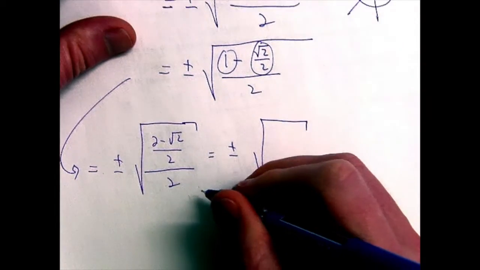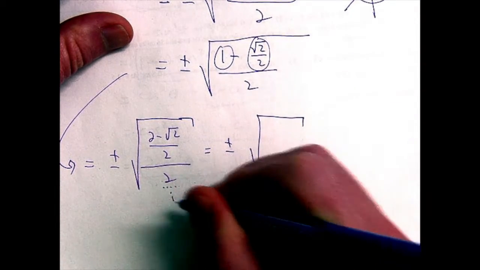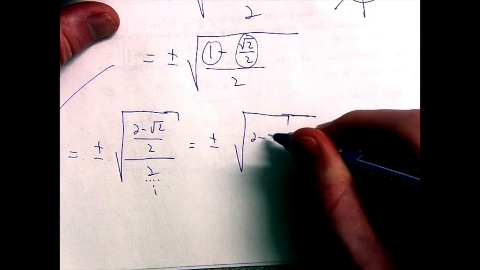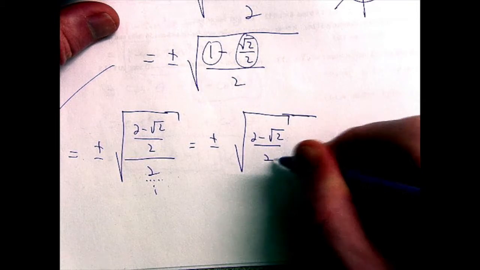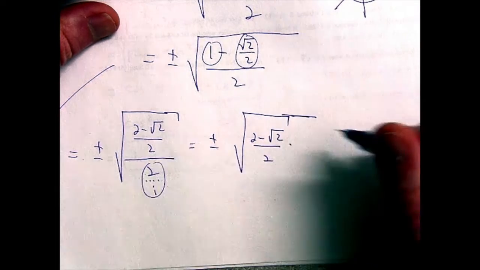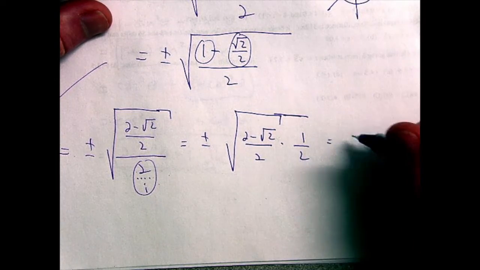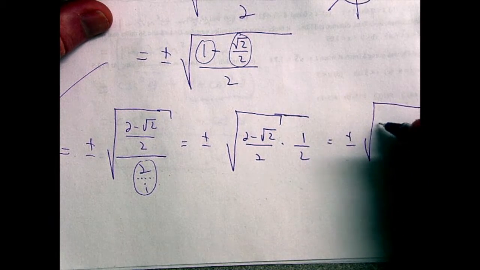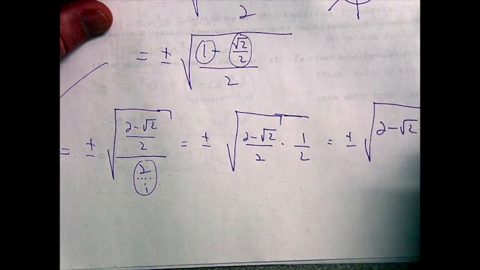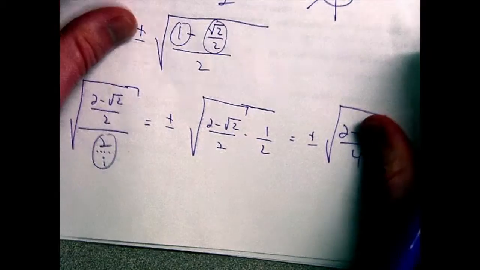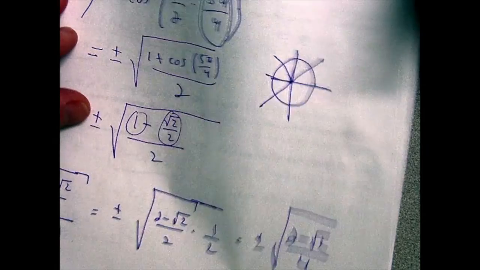We can keep it, change it, flip it now. You can imagine that this is like a 2 over 1. So we get 2 minus root 2 over 2 times the flip of this thing, which is 1/2, right? So that's plus or minus root 2 minus root 2 over 4. Okay, and I don't think that that can be simplified any further.